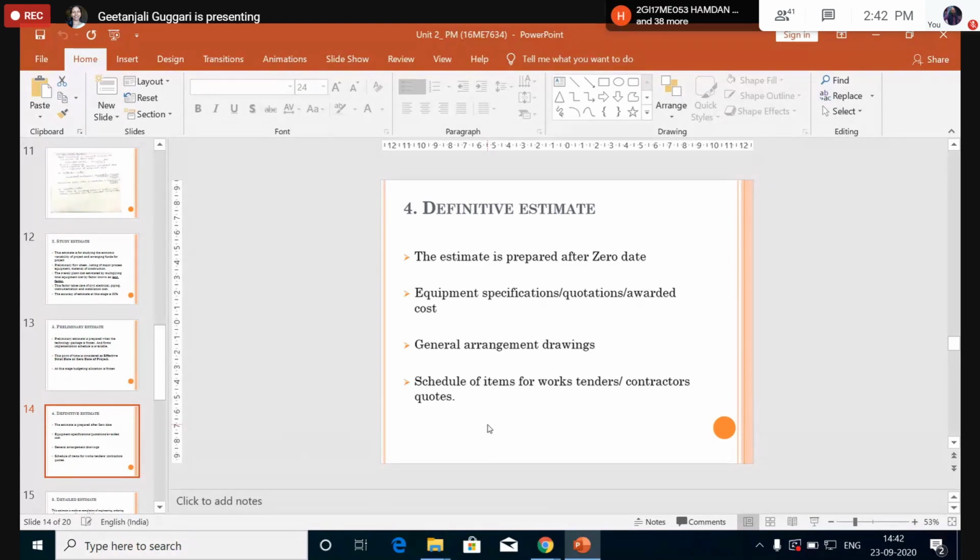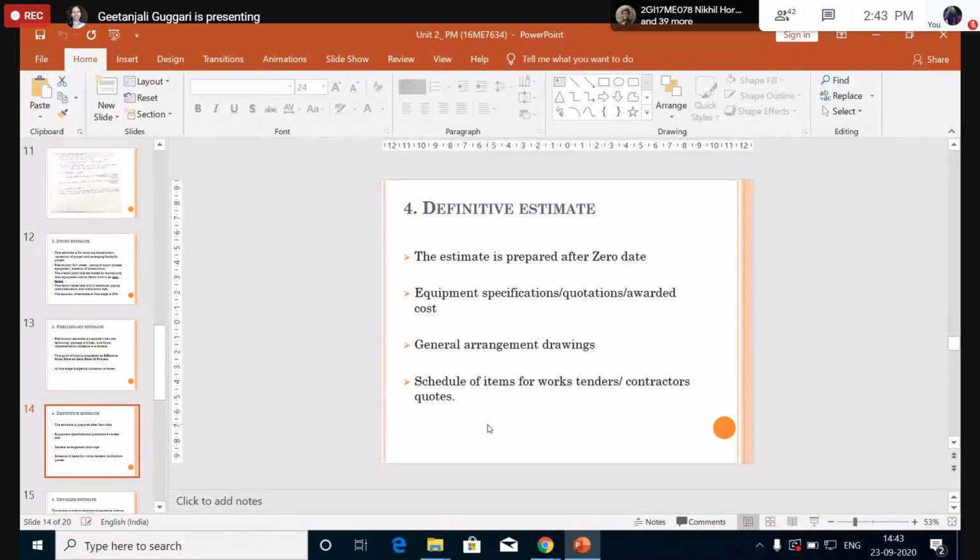Once that is done, you will be able to calculate the project cost with an accuracy of plus or minus 10%. At this stage, the equipment purchase, the equipment specifications, and the quotations for the equipment, construction, or electrical work are available, and you will be able to give the final cost of the project.